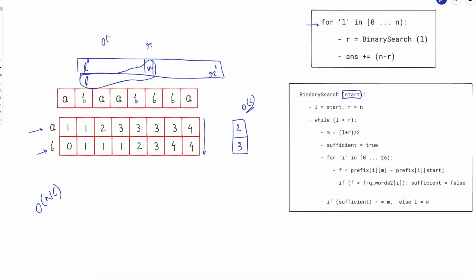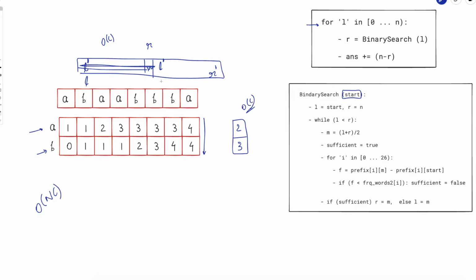Once you get this answer, you will either go left or right. For example, let's assume that this returns false, that is L to M is not valid. Then there's no point searching in this part at all. So you will simply make your new L dash as this one and only search in this part.